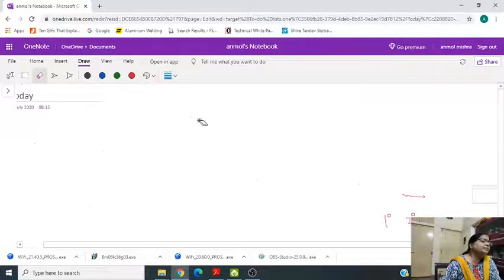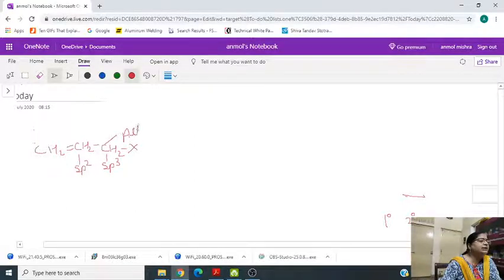For example, CH2, now you can see here this carbon is sp3 hybridized and this is sp2 hybridized. This carbon is the allylic carbon.